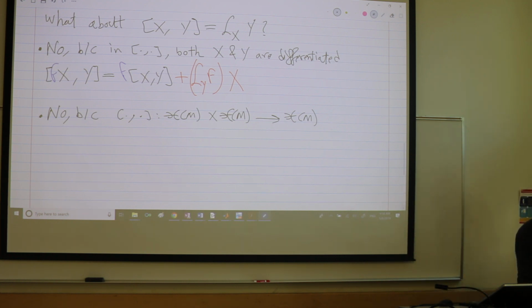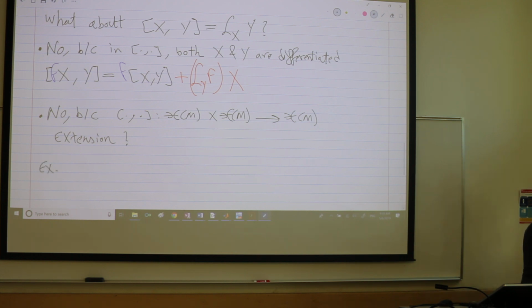So let's see an example which we had before, but I'm giving here in this context. Because the lead bracket needs vector fields, what about extension? We can do extension. For your vector that is not a vector field, I extend it by a vector field.